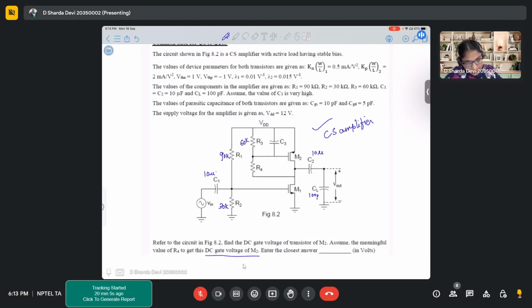So let's say it's very high, so maybe I will say 1 millifarad for now, but its value is not mentioned yet.